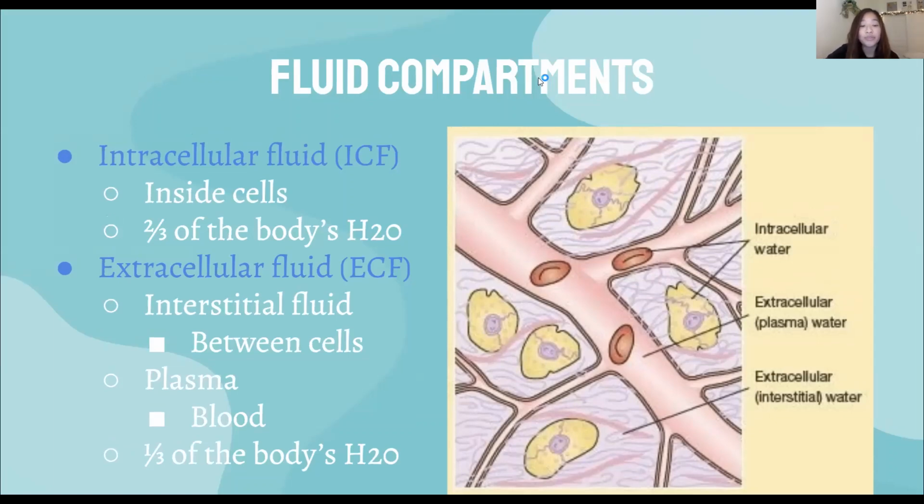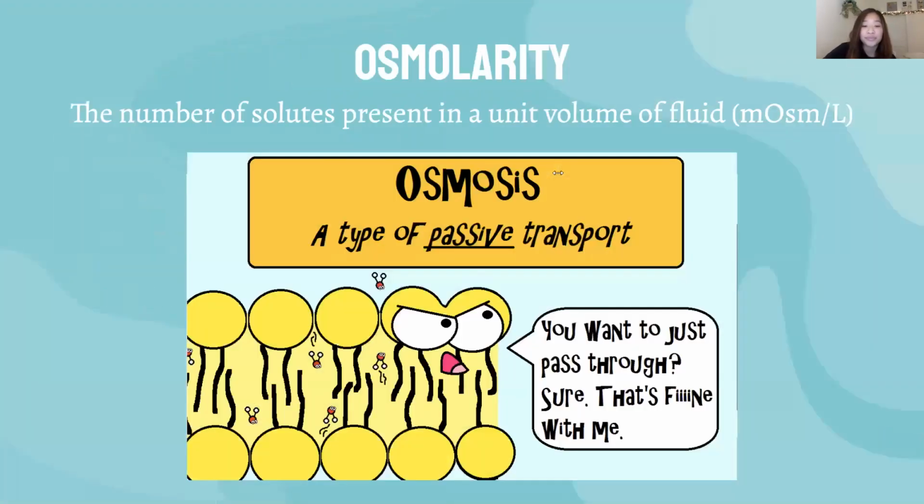All right, moving to the next slide, osmolarity. Osmolarity is the number of solutes present in a unit volume of fluid. I found this really cute photo that gives you a sneak peek into osmosis, a type of passive transport. Jose, if you could click one more time for me.